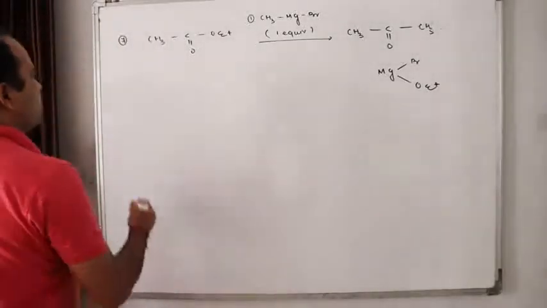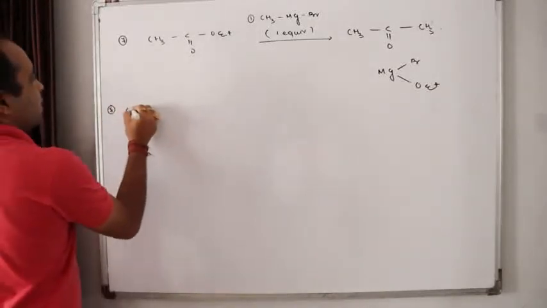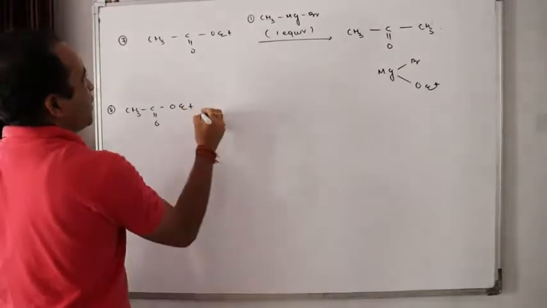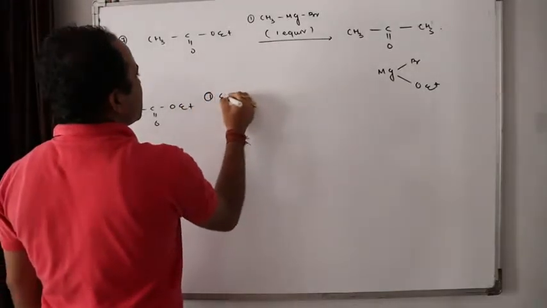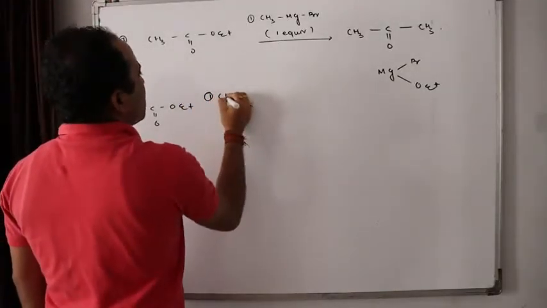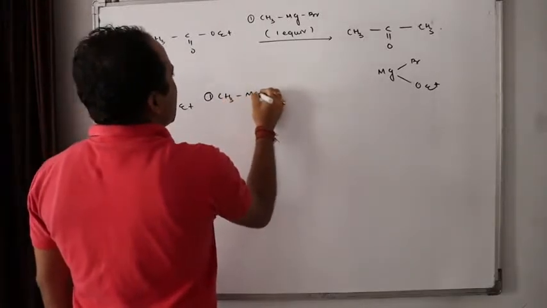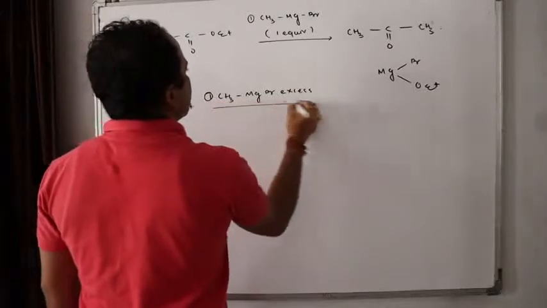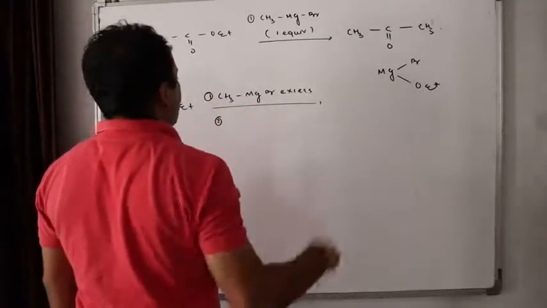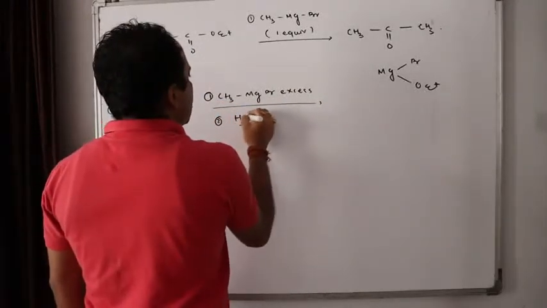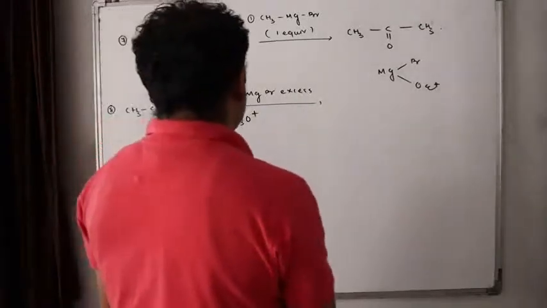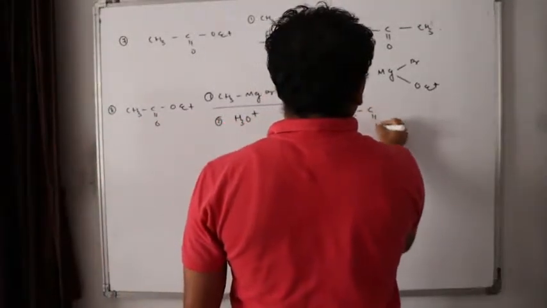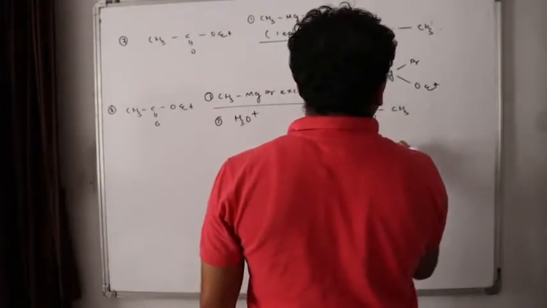Now tell me. Number 8. If you have CH3C double bond OEt, first CH3MgBr in excess, followed by hydrolysis. What will happen? In excess means this will be the first product, isn't it?